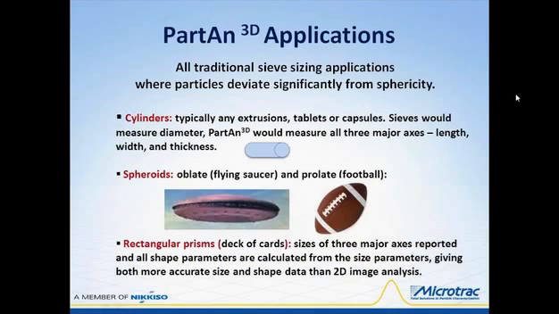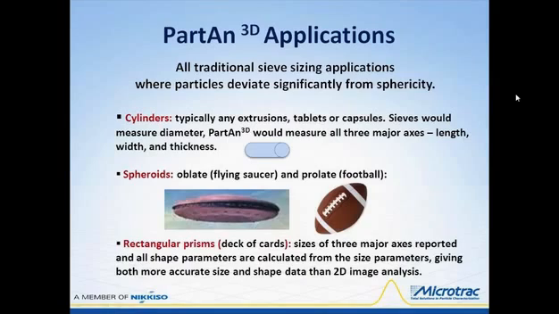Now we'll go through 2 slides on particularly good applications for the Partan 3D. The first group listed here is all traditional sieve sizing applications where particles deviate significantly from sphericity.